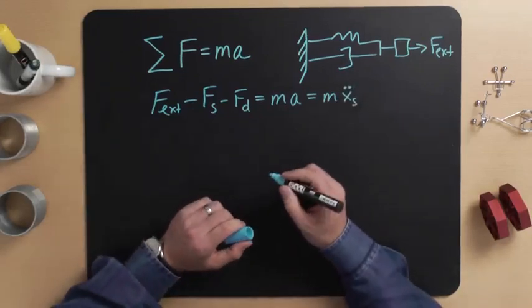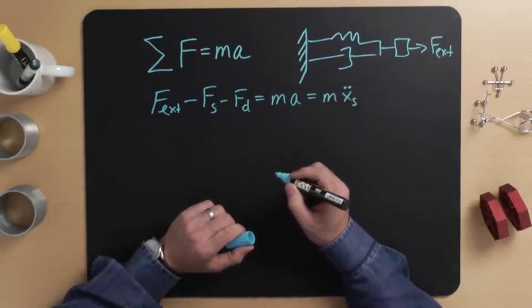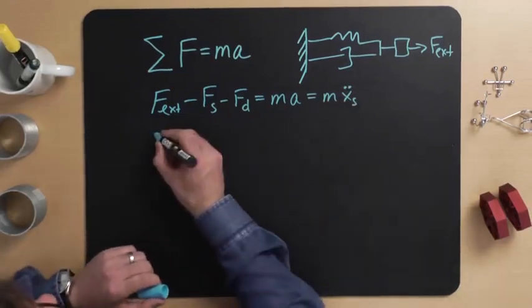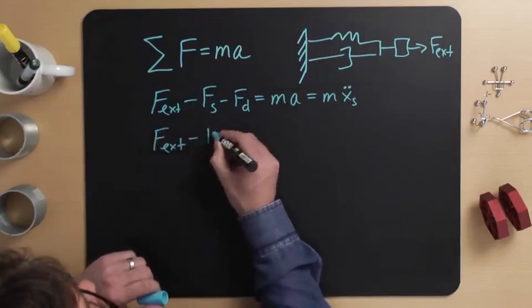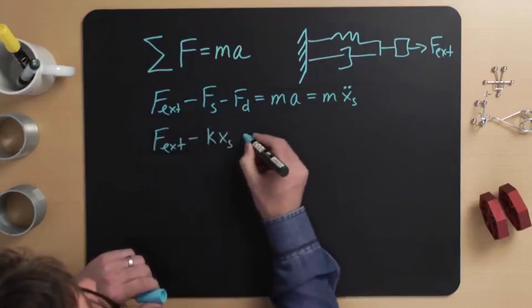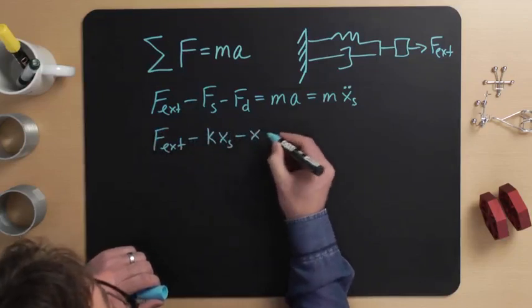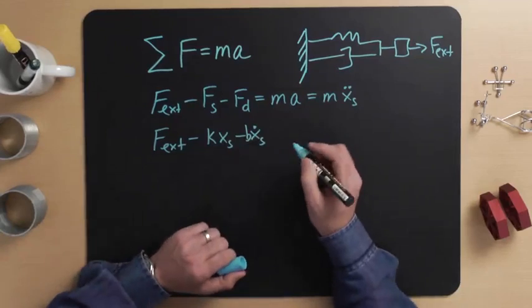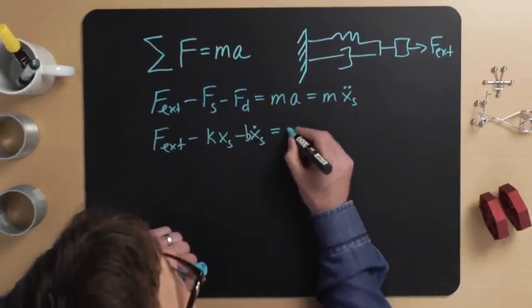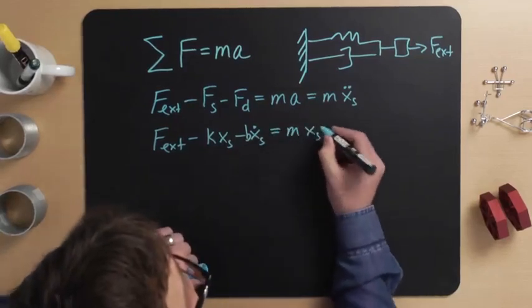We already know from Lecture 3 that V sub d is equal to x sub s dot, giving F external. And now we're going to plug in the constitutive law, and we're going to plug in the damping part of the constitutive law as well. Now that is equal to mass times the second derivative.